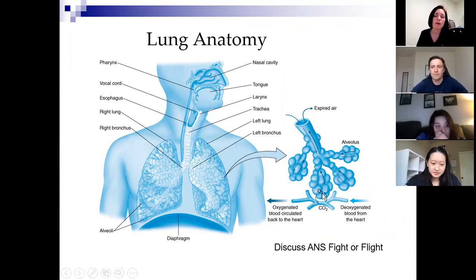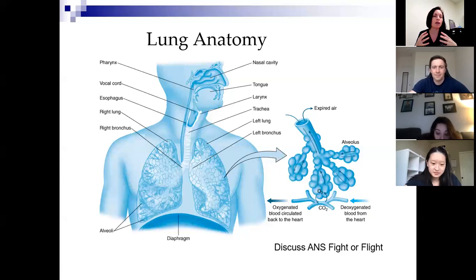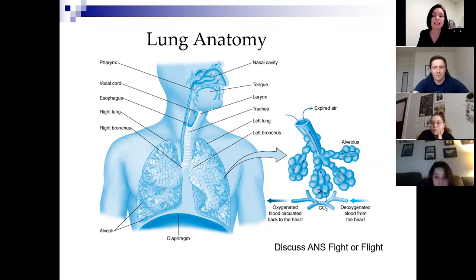To connect this back to the autonomic nervous system, type into the chat or just say it out loud. Does anybody remember what happens when the sympathetic, the fight or flight, gets kicked on with our lungs and our bronchioles? What happens then? It dilates. Yeah, so we dilate because we need oxygen, right?